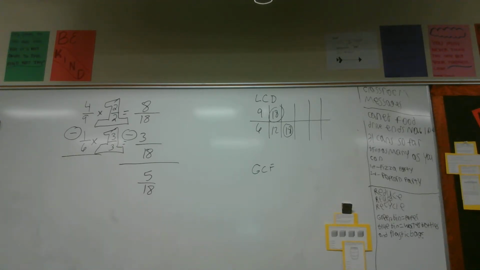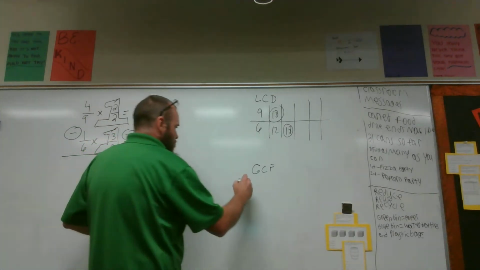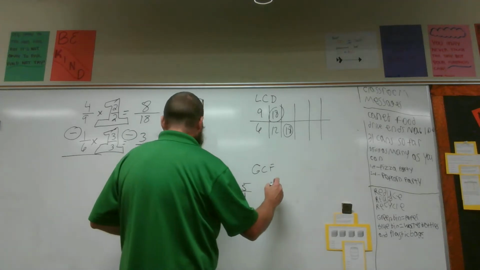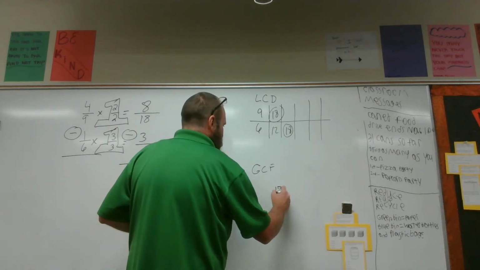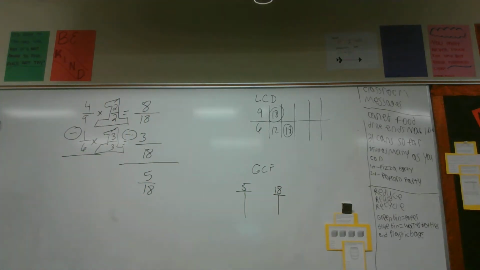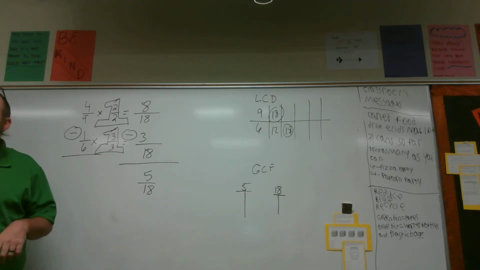Now, I need to see whether or not I can simplify this fraction. So that's where my greatest common factor comes in. I take the numerator of my answer and the denominator of my answer, and I list all the factors of each. So Maddie, what are my factors of 5? 5 times 1.